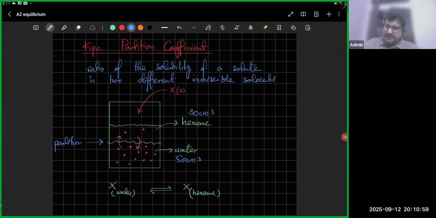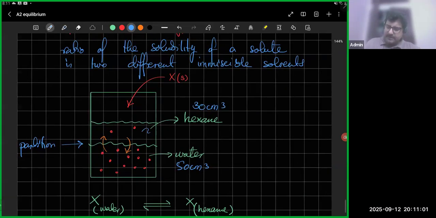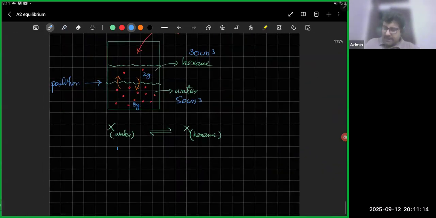Let's give it some values. Let's say there are 2 grams of X dissolved in hexane and 8 grams of X dissolved in the water layer. Now my equilibrium constant would be the concentration of X in hexane divided by the concentration of X in water.